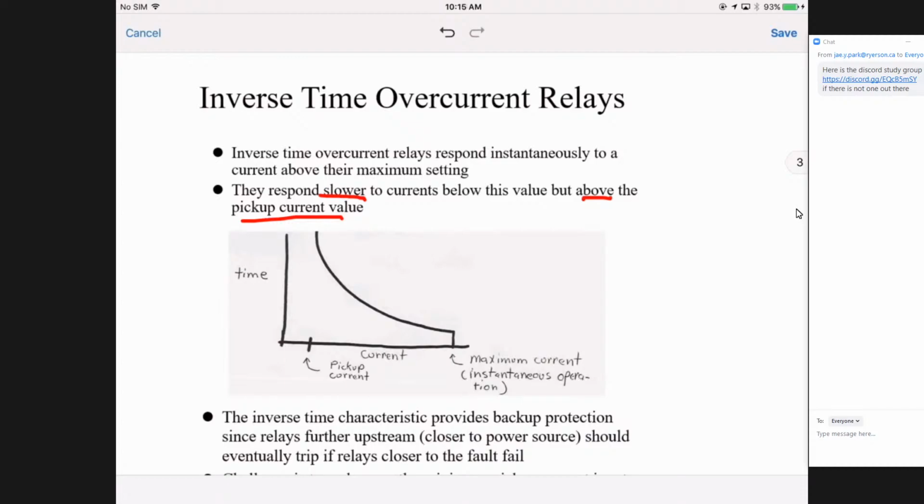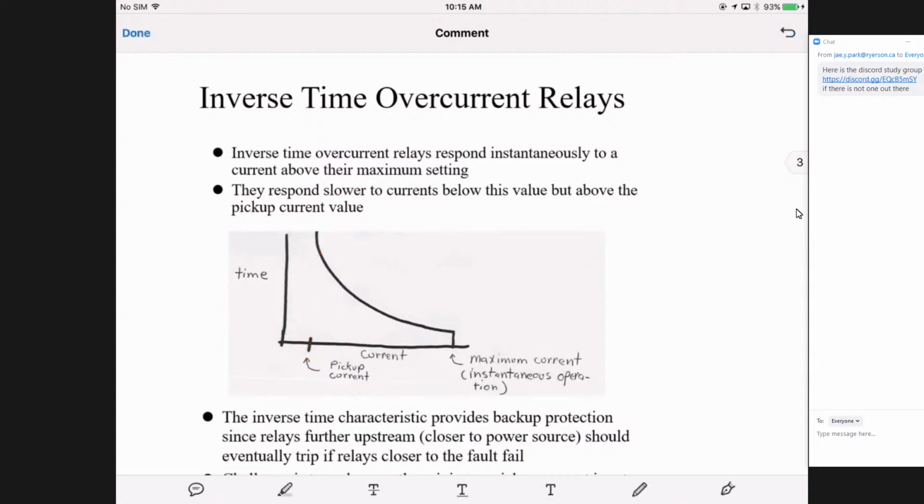Okay, the less current, it responds even slower. The pickup is supposed to be the maximum current it will operate, but it will take a long time to operate. This exponential curve will meet at a certain value of the time.